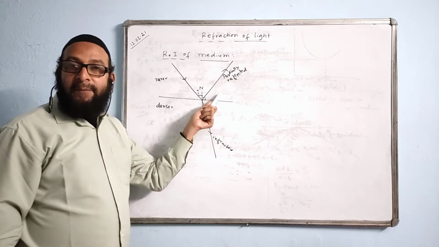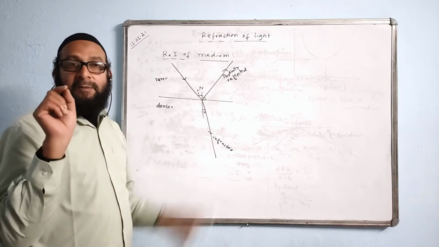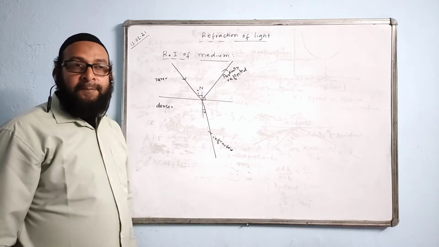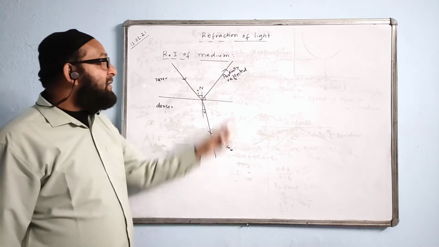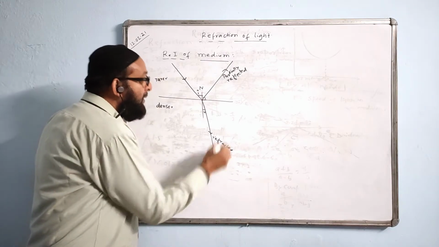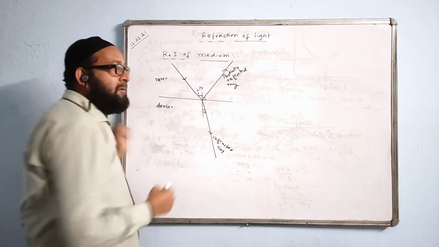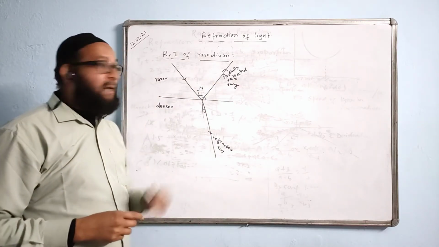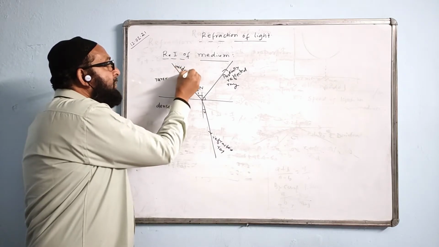But this ray will always be there for practical purposes. We do not draw it because it contains much less energy. But in a question, if they ask you to identify this ray, you identify it as the partially reflected ray. This is the refracted ray, this is the partially reflected ray. This ray always will be there, and this is called the incident ray.